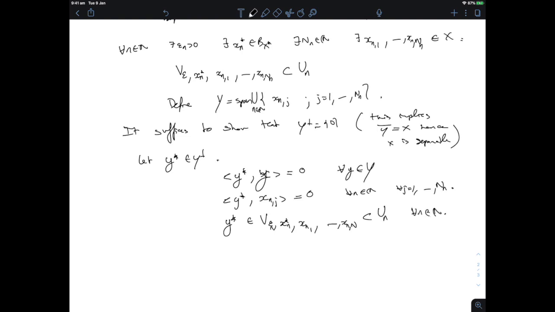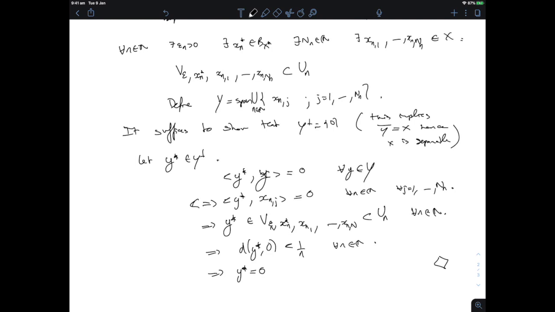By the way, this is equivalent to that, and this certainly implies this, and then, it is not equivalent, but it implies, because it is included in U_n, that the distance between Y star and 0 is smaller than 1/n for all n. So, okay, take the limit as n goes to infinity, and this implies that Y star is 0, which concludes this first direction, the easy direction of the proof.